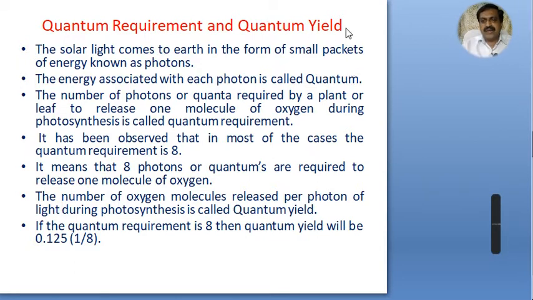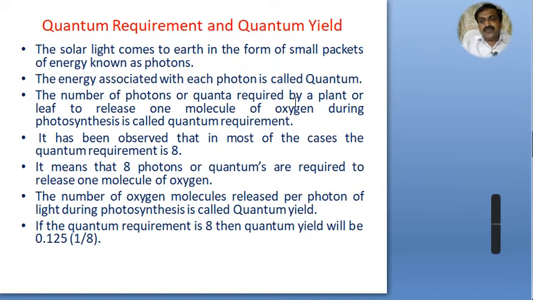What is quantum requirement then? The number of photons or quanta required by a plant body or a leaf to release one molecule of oxygen during photosynthesis is called quantum requirement. That means during photosynthesis, inorganic raw materials like water and carbon dioxide react together to form carbohydrate and they release oxygen.